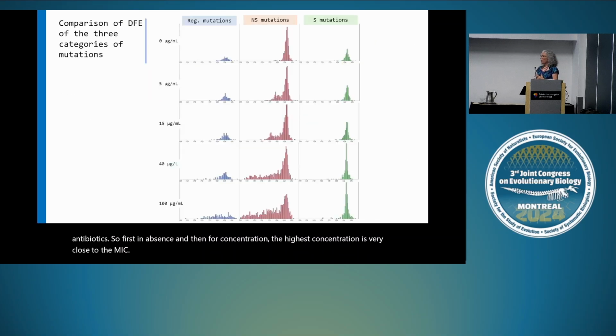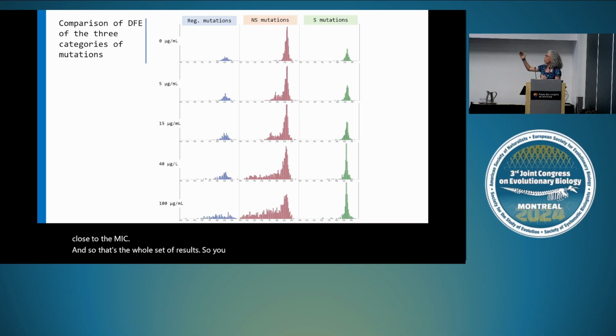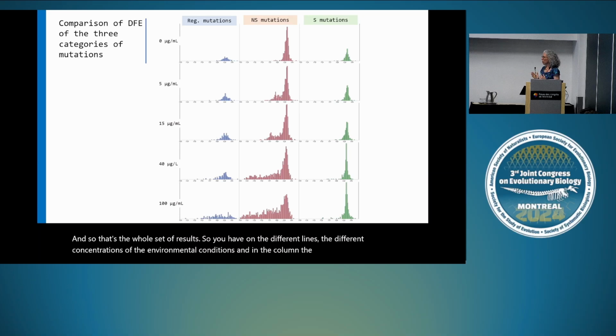And so that's the whole set of results. So you have on the different lines the different concentrations, so the environmental conditions, and in the columns the 3 categories of mutation.